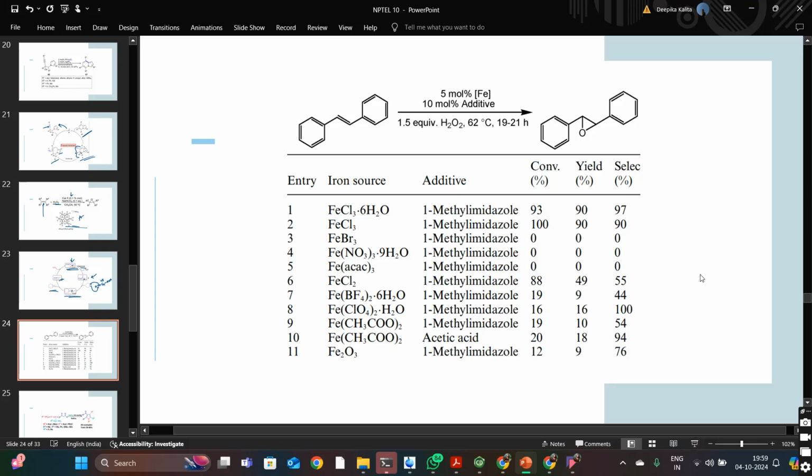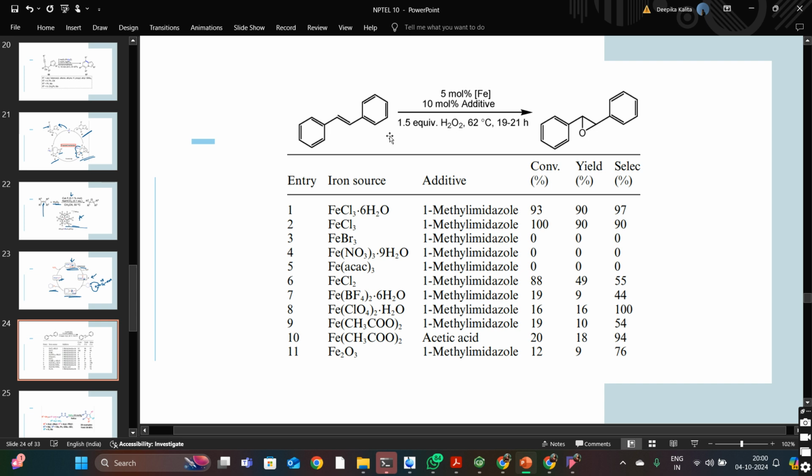So this is another question which is again involving the iron catalyzed epoxidation reaction. Okay, and the reaction mechanism is going to be similar to what we have already studied. Okay, here also we have hydrogen peroxide in the reaction, and 5 mole percent of iron catalyst is used.